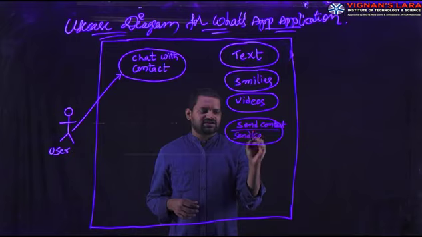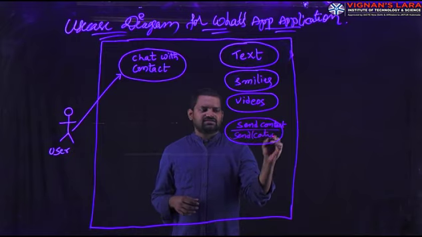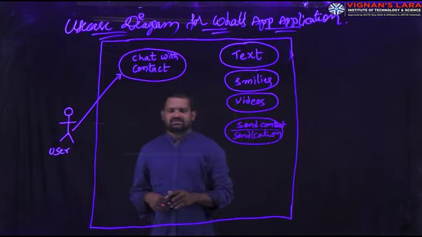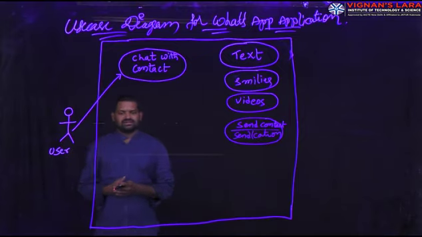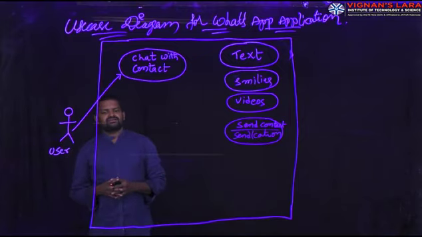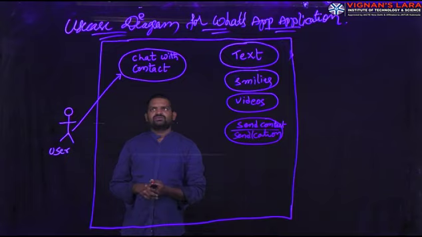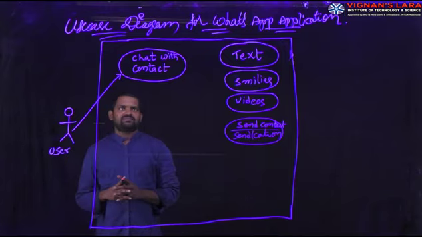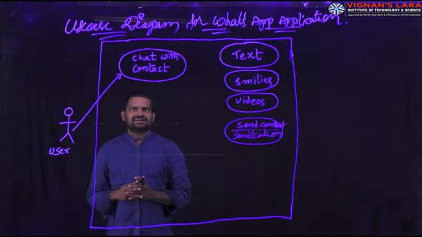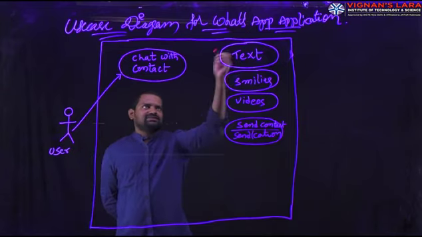So the first operation in the WhatsApp use case diagram is chat with contact, text.